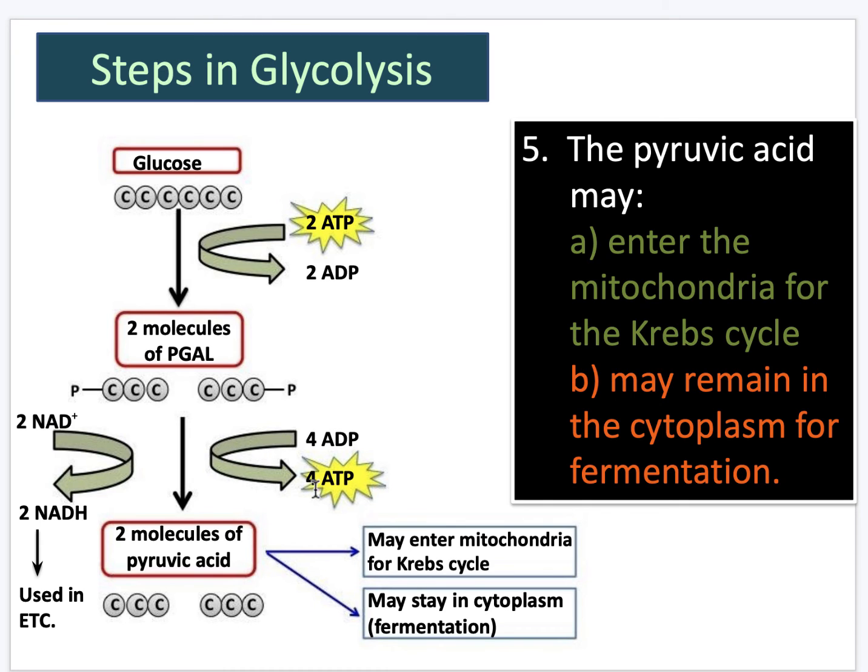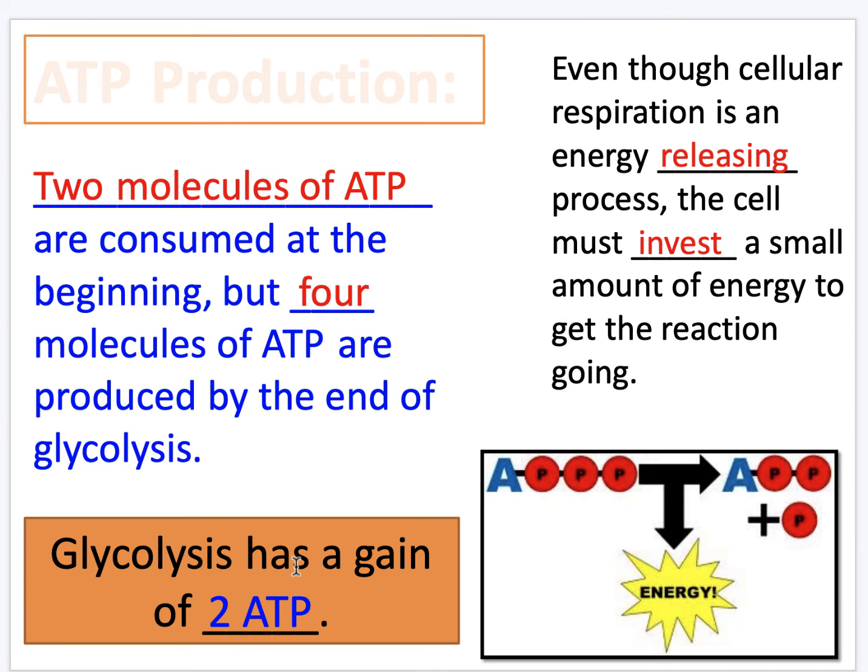So here 4 ATP are made. Here 2 ATP are used. So that has a net gain of 2 ATP. So that's another aspect that you need to know, is that glycolysis makes 2 ATP.